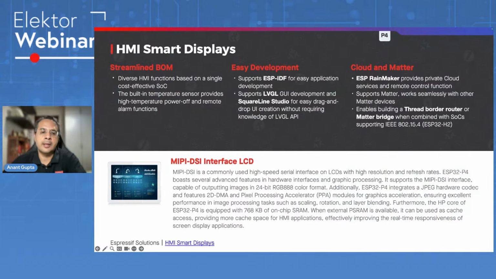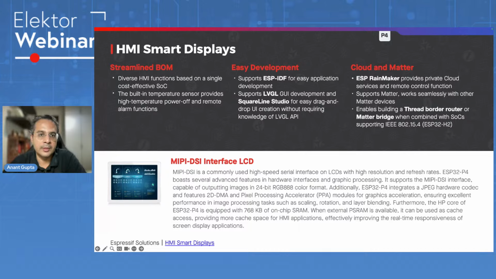Apart from that, as I mentioned, we have some very important HMI capabilities on the ESP32-P4. To support that, we have our HMI Smart Display support for P4 as well. It is primarily based on LVGL GUI development, and also supports others like Embedded Wizard and Slint.